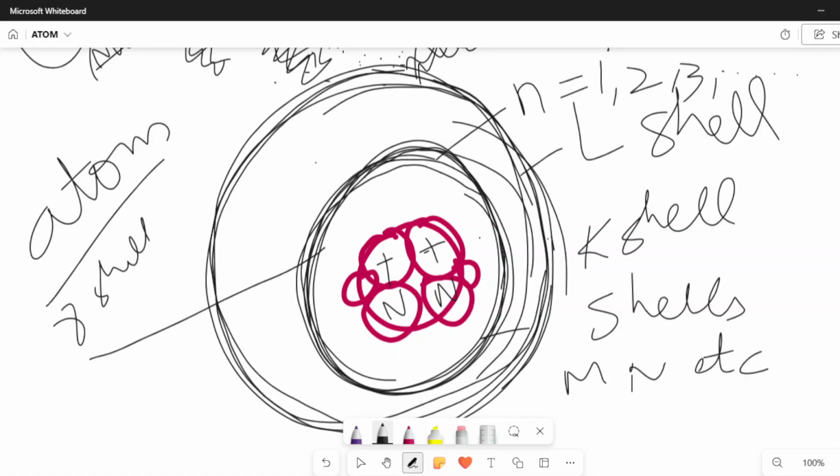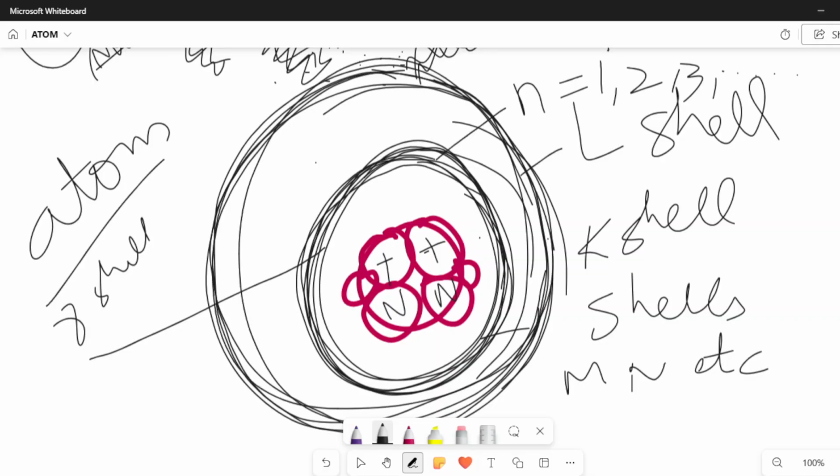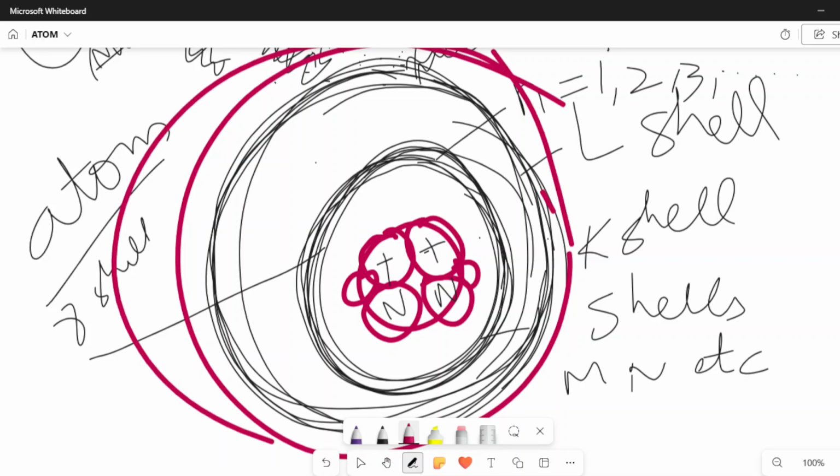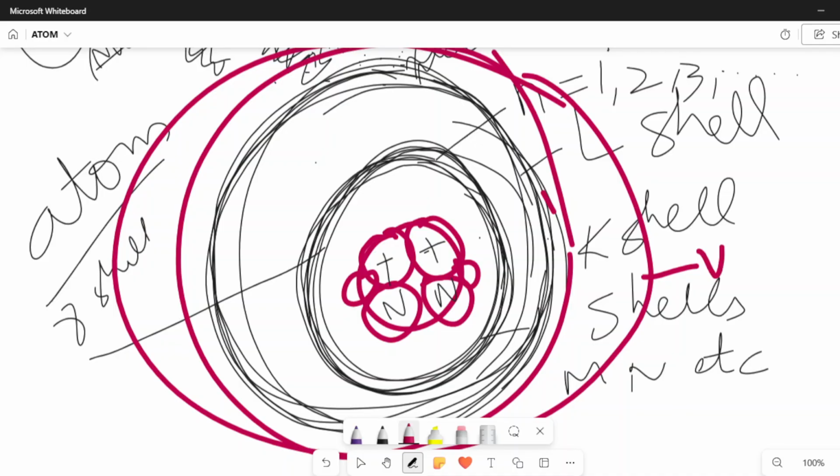Some atoms will have only one shell, some will have 2 shells, some will have 3 shells, some will have 4 shells. The electrons present in the outermost shell of that particular atom are called valence electrons. Okay, this is very important.